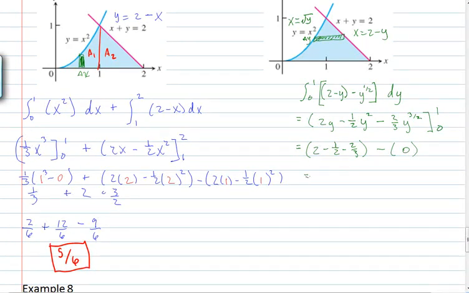So our common denominator is 6. This is 12/6 minus 3/6 minus 4/6. And negative 3 minus 4 is negative 7, plus 12 is 5/6.